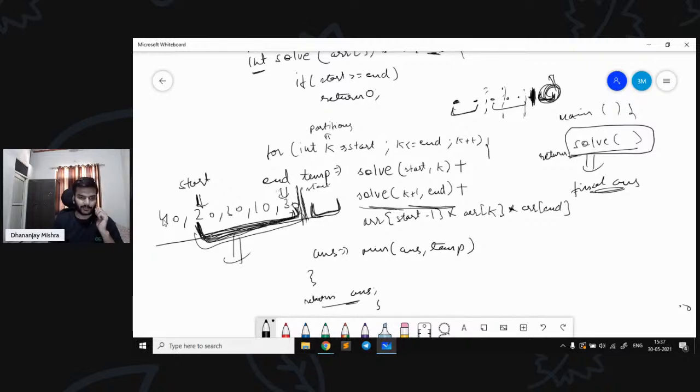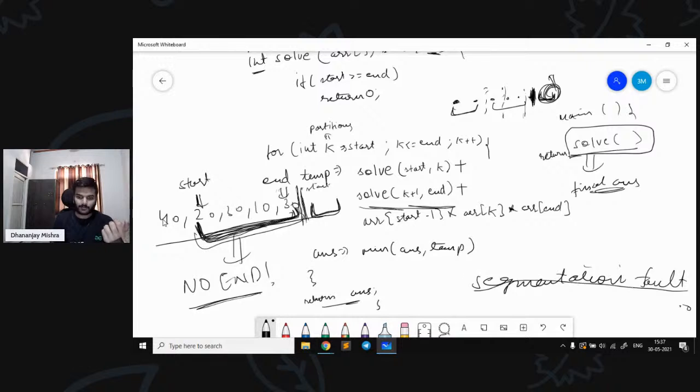It will not reach an end. Because we are using recursion, the stack overflow will occur and it will give us a segmentation fault, right?